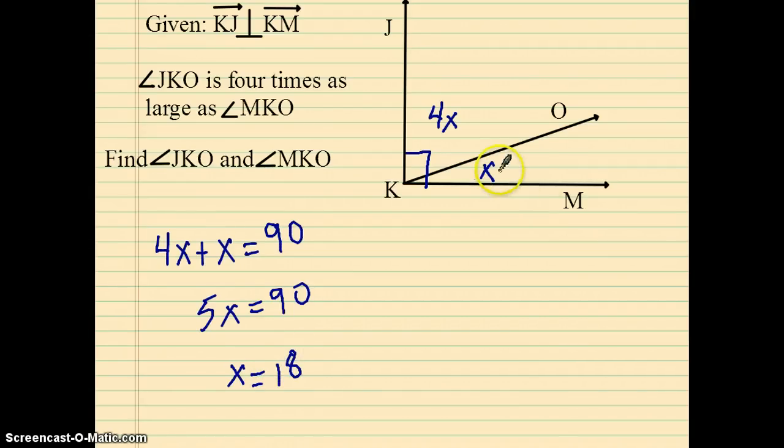So we know that this is 18 degrees. So that makes this 72 degrees. And double check, do they add up to 90? 72 plus 18, yep, equals 90. And so our two answers: JKO is 72 degrees, and MKO is 18 degrees. We're good to go.